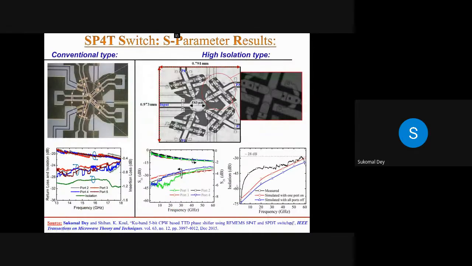Now, the same topology is being used for other switches, like the SP4T switch. What is SP4T? One input, four outputs. You can see first we developed a conventional type switch, where this is the input line and there is a center line, and you can see four shiny things.